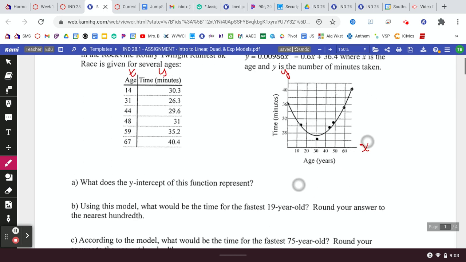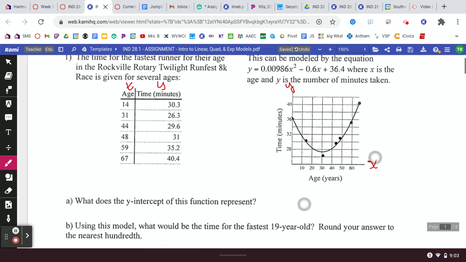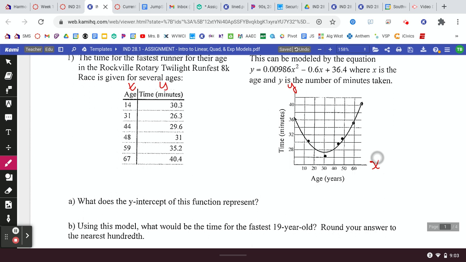Okay. And so then it says, what does the y-intercept of this function represent? Well, the y-intercept represents, right, y is time. So the answer is going to be the time it takes, but the y-intercept specifically is what in age? If that's 10, 20, 30, 40, what would this one be? Be 0.